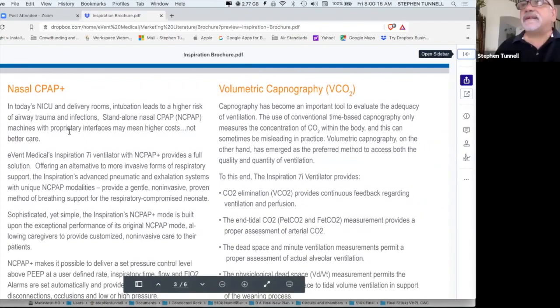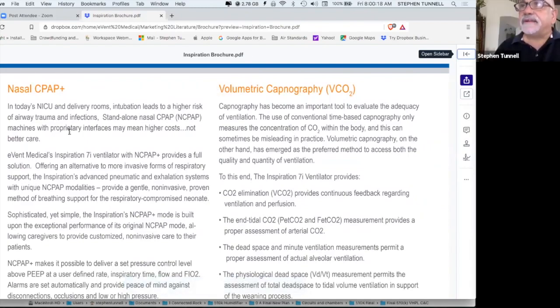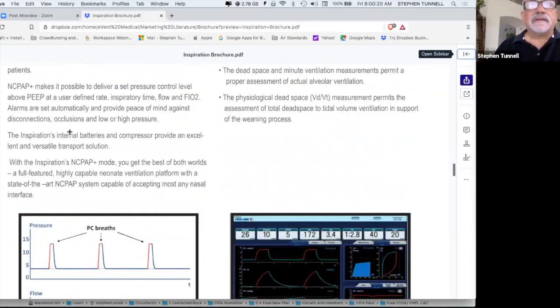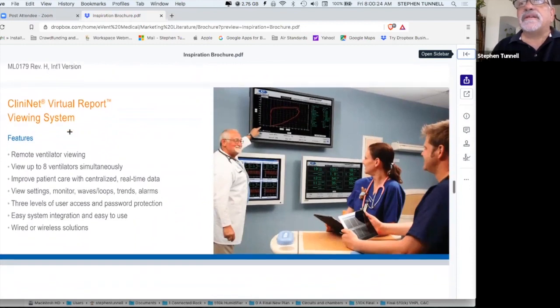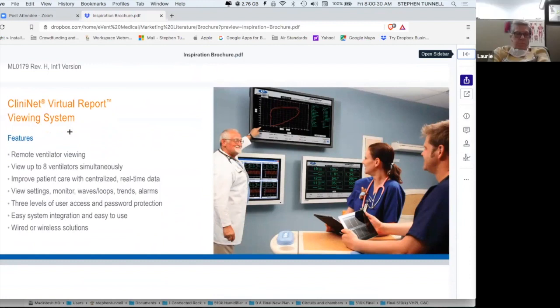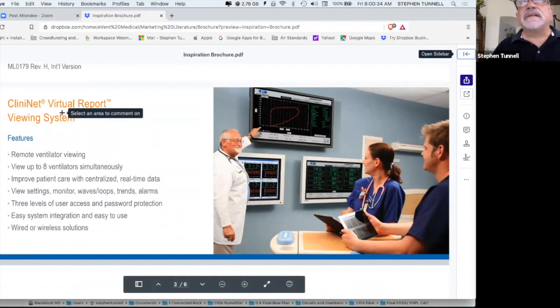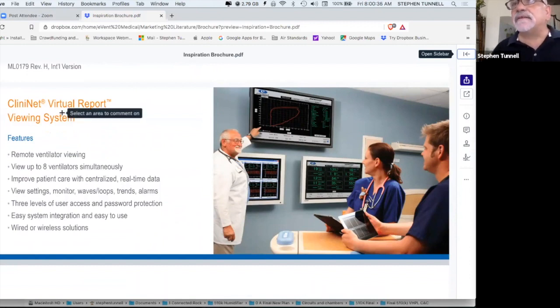I think when we get into competition, it'll be a nice place to talk about some of these things that you see. One of the other very important features that all of our ventilators have, that is a feature no one else has, is something called CliniNet. Every single ventilator has a web server built into it.